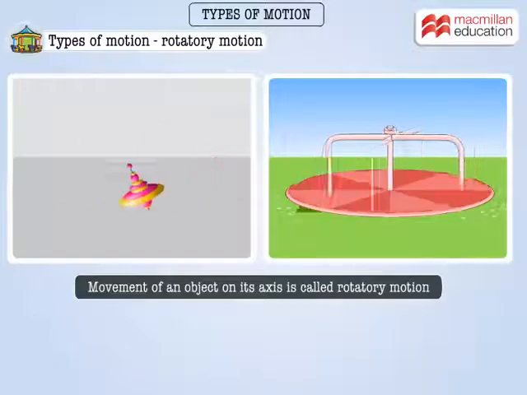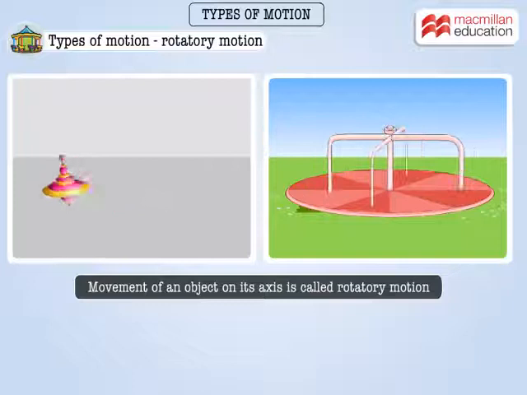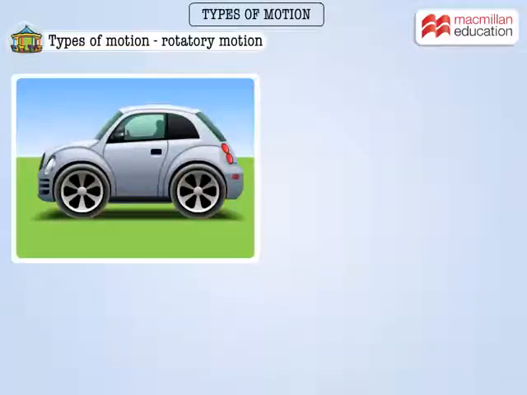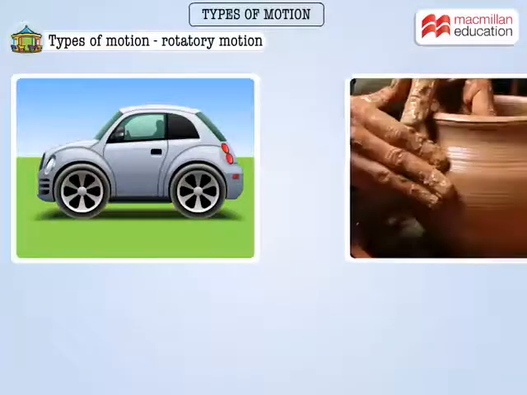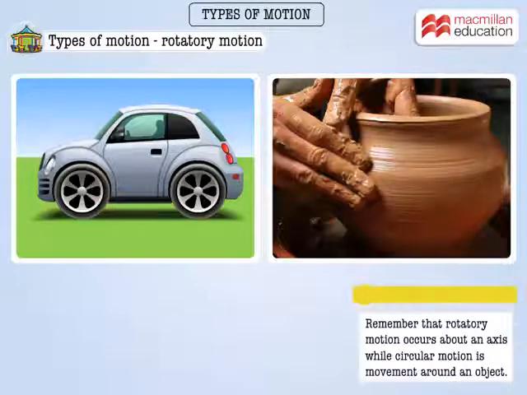Such objects that move on their axis are said to be in rotatory motion. Wheels of a moving vehicle and a potter's wheel are also examples of rotatory motion. Remember that rotatory motion occurs about an axis, while circular motion is movement around an object.